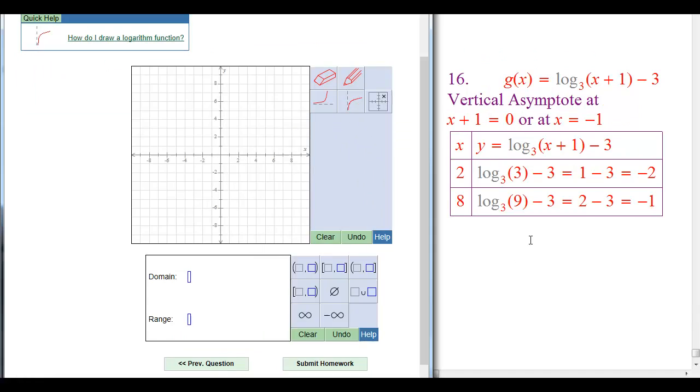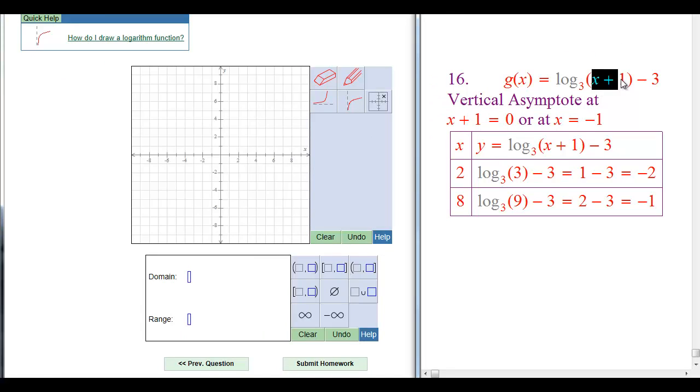All right, so here, again, x plus 1 cannot be 0, so if you set that to 0, you get x equals negative 1 is your vertical asymptote. And then you just have to plot these points. And again, since it's log base 3, whatever you plug in here has to be powers of 3. So if I want x plus 1 to be 3, then I have to plug in x equals 2 and x equals 8.